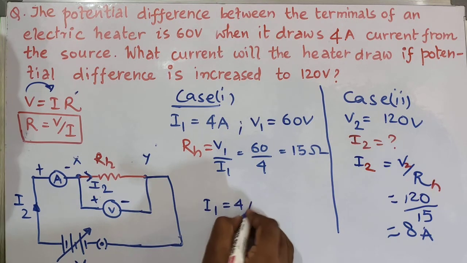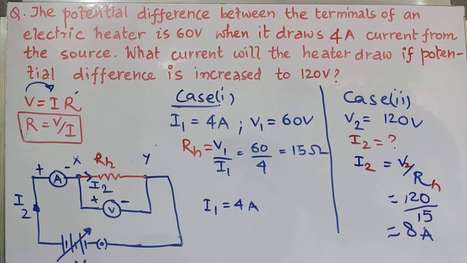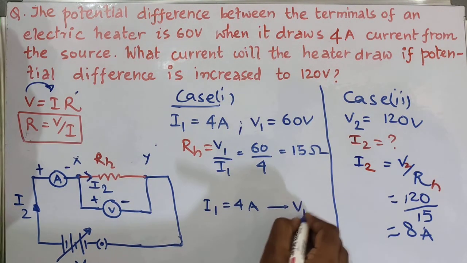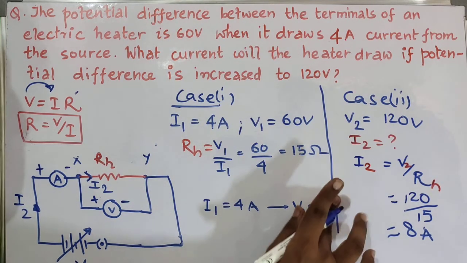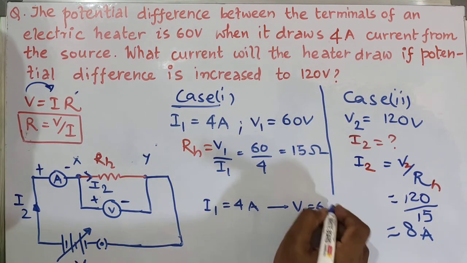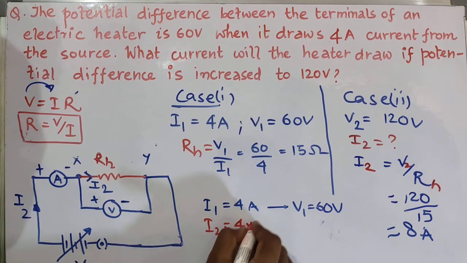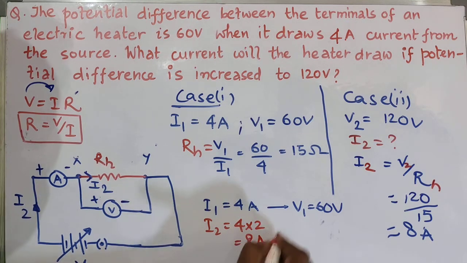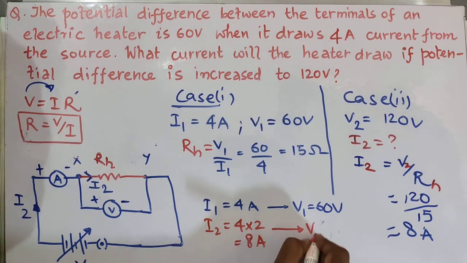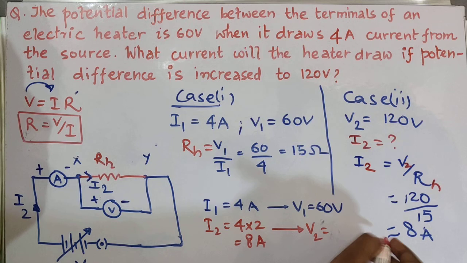That means when the current was 4 amperes, what was the voltage? V1 was 60 volt, right? So when the current became double, I2, 4 into 2, 8 amps, what happens to V2? Does it become double? See that?